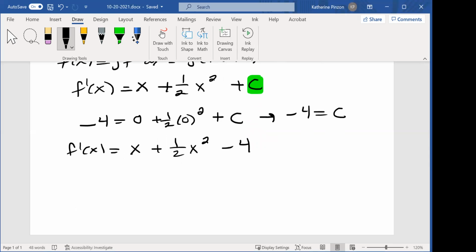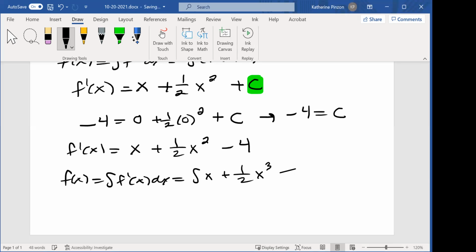So f of x is the antiderivative of f prime, which is the antiderivative of x plus 1/2 x squared minus 4. Okay, antiderivative of x? 1/2 x squared plus 1/2 times antiderivative of x cubed. No, 1/6.